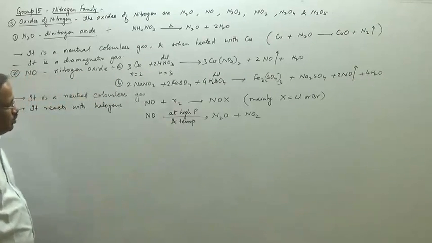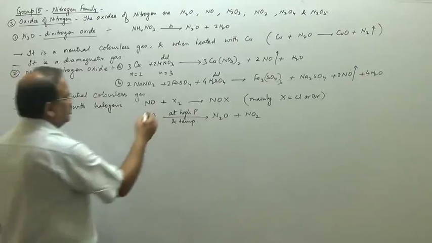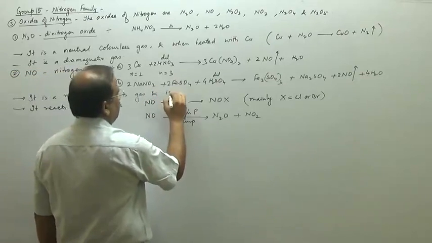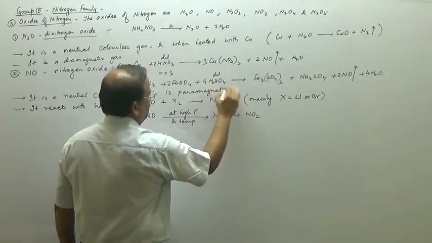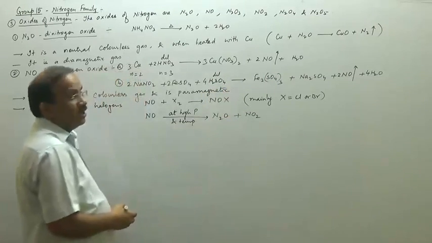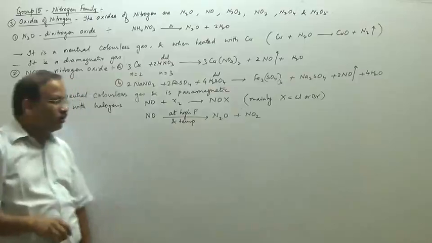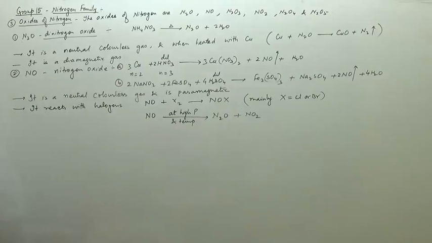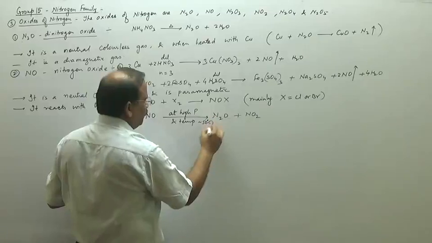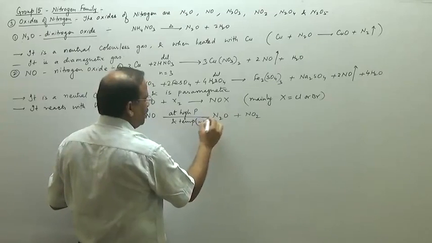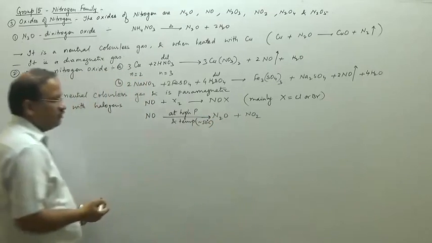It is paramagnetic in nature because it has an odd electron on the nitrogen atom. The temperature will be high but not very high, around 50 degrees centigrade.